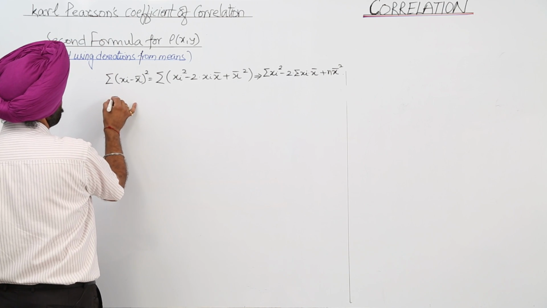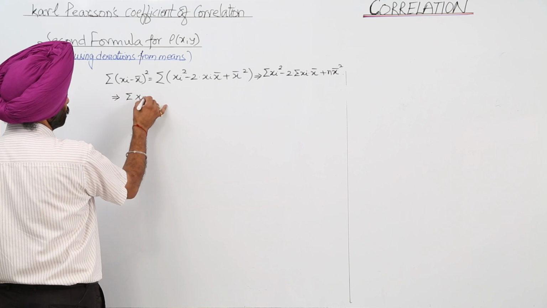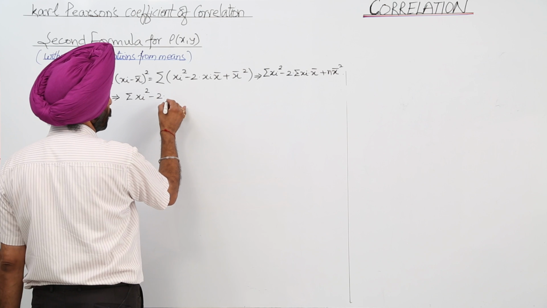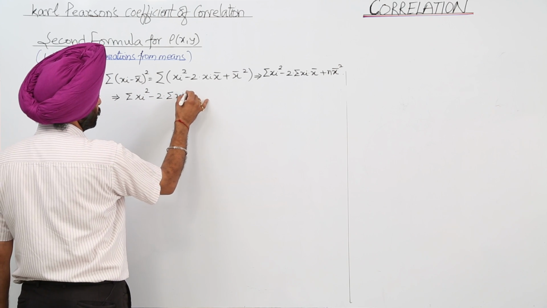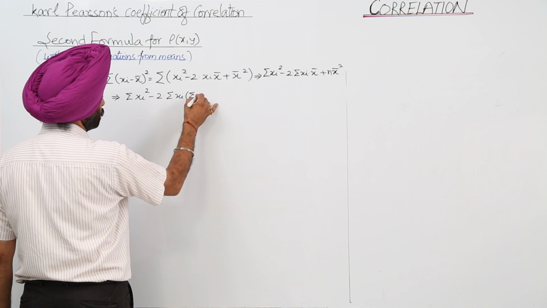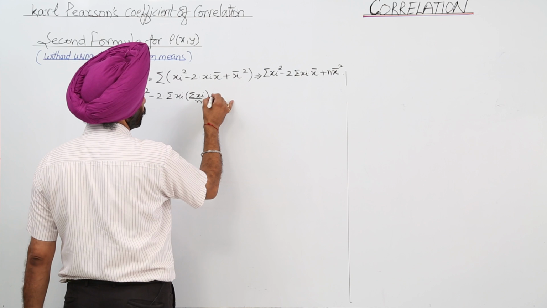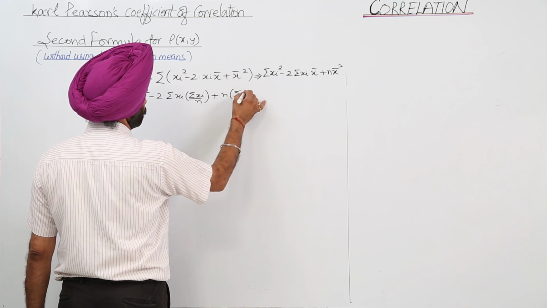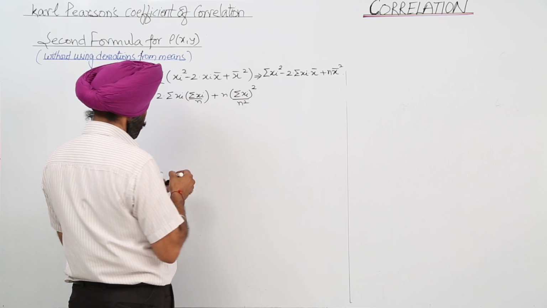Now this becomes xi square minus twice summation of xi whole square upon n plus n times summation xi whole square upon n square.